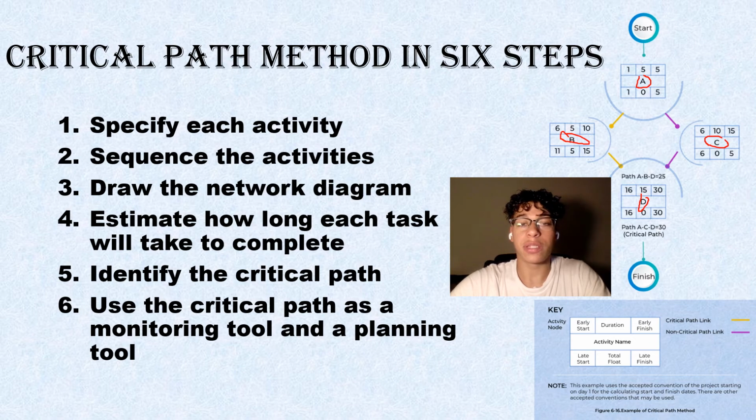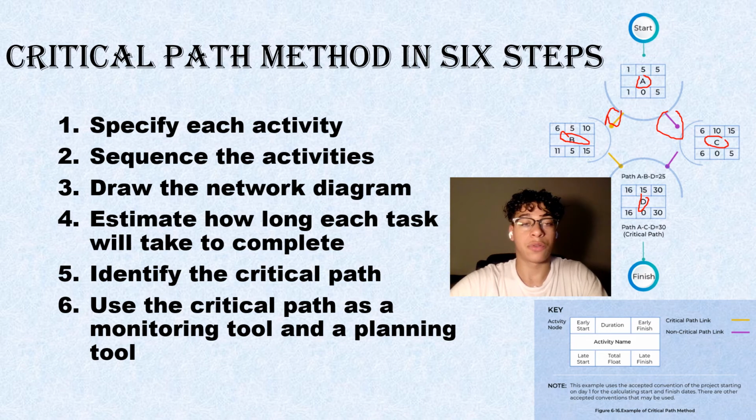Number two, sequence the activities. So arrows, lines, or other structures may be used to sequence the activity. For example, here they use a purple line and a yellow line. The yellow line would combine A, B, and D, and the purple line would combine A, C, and D. And that would be the sequence of the tasks for the diagram.